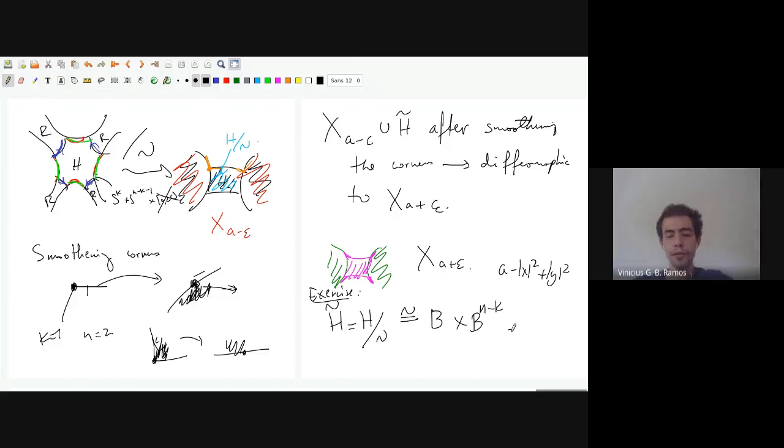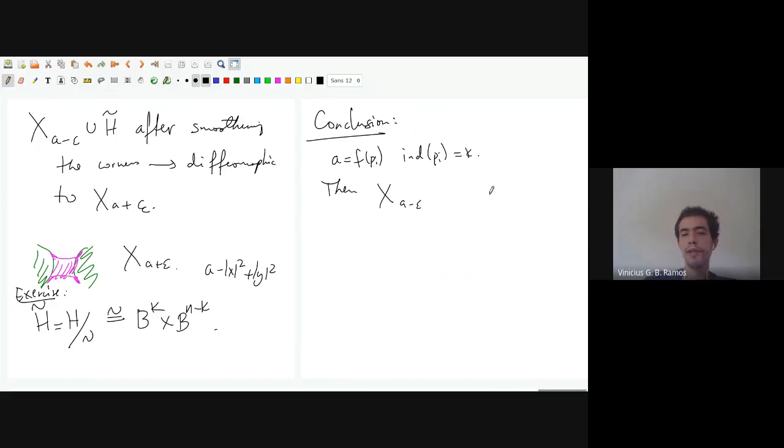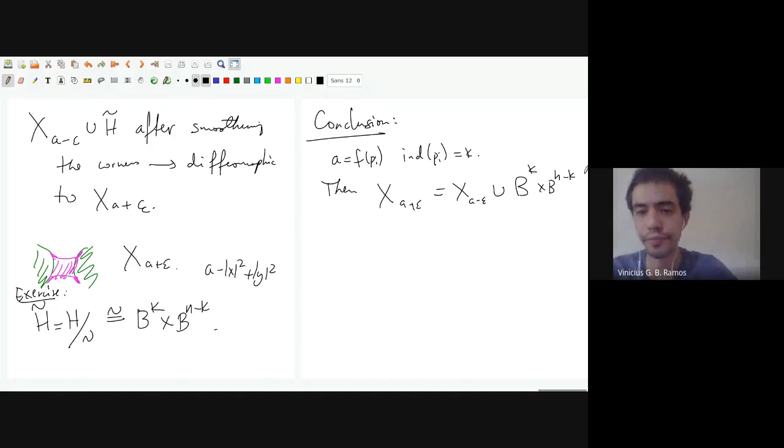So basically the conclusion is, if a is the image of a critical point and the index of this critical point is k, then how do you go from a minus epsilon to a plus epsilon? Well, a plus epsilon is just going to be a minus epsilon union with something with a Bk times Bn minus k. But this union is actually a union where you identified something.